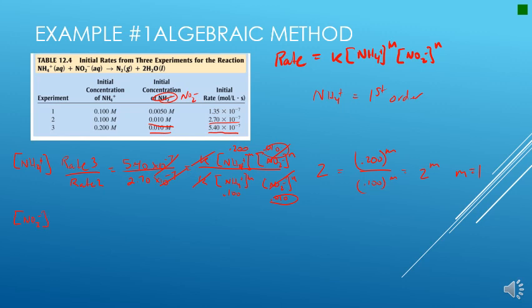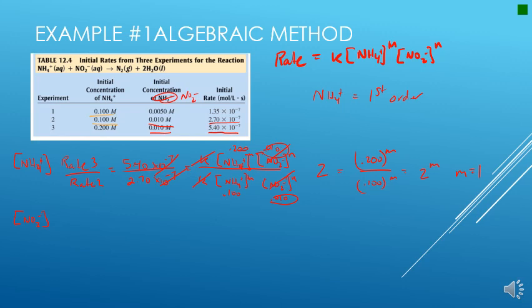So I'm now going to do the same thing for the NO2 minus. I need to look here and I need to see what I can do to change the reactions and keep the NH4 constant now while we change the concentration of the NO2 minus. So hopefully you'll notice experiments 1 and 2, concentration of the NH4 plus is held constant while the concentration of NO2 minus is changing.